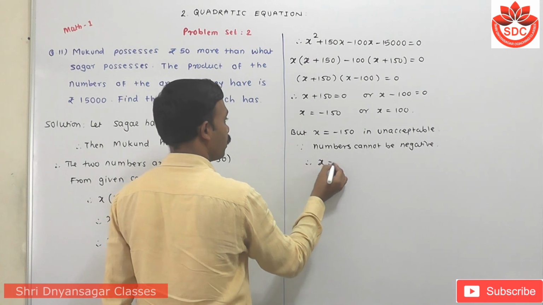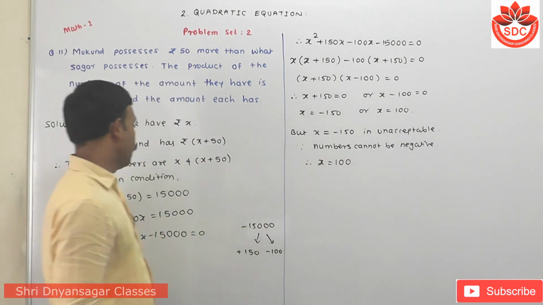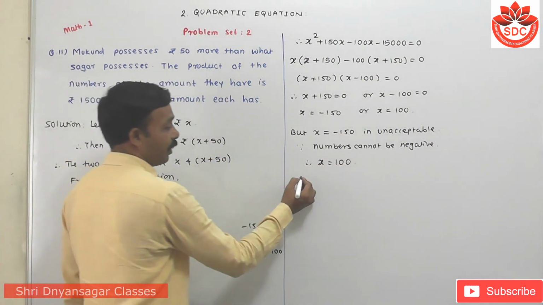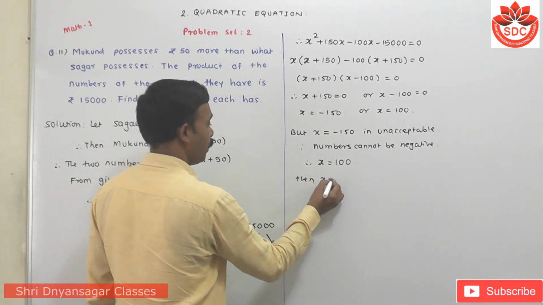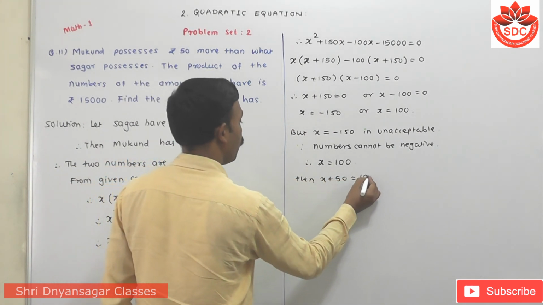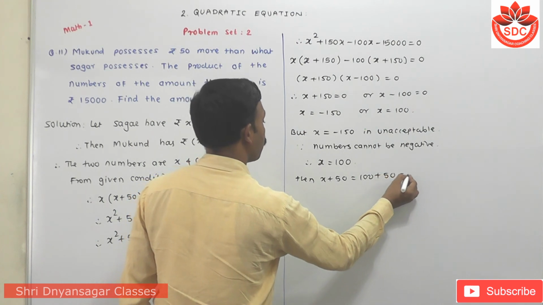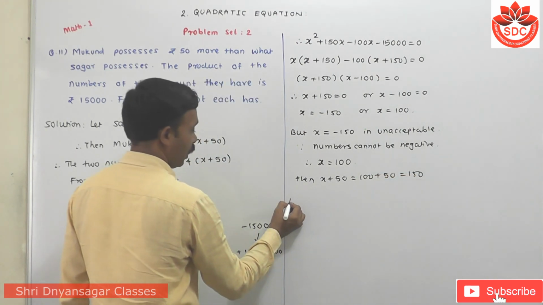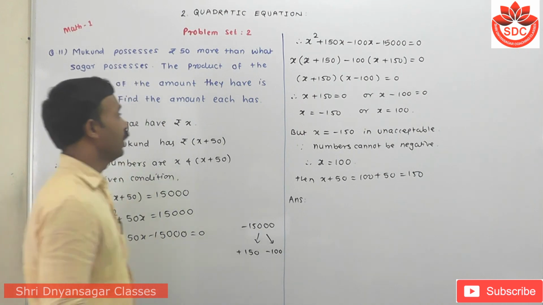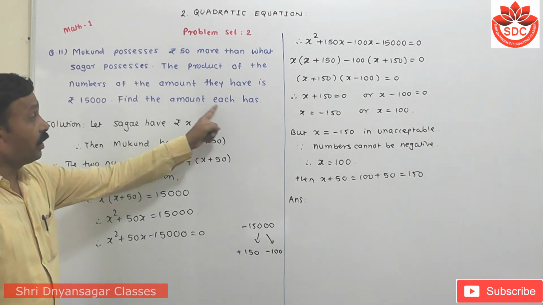Therefore x is equal to how much? 100. Then I also have to find x plus 50, which is equal to 100 plus 50, equal to how much? 150. Therefore the answer in a full sentence, find the amount each has.